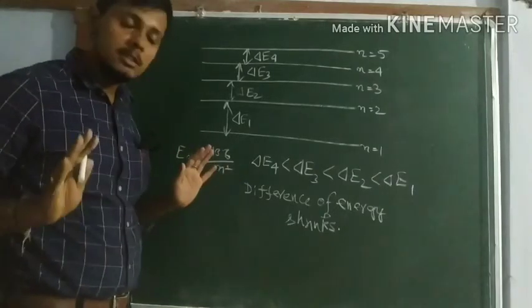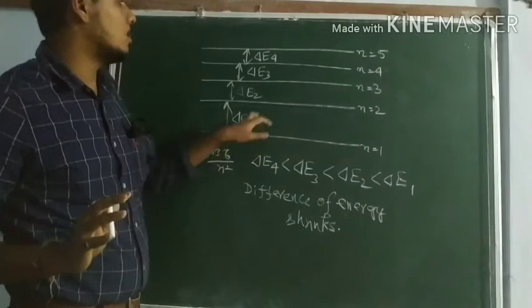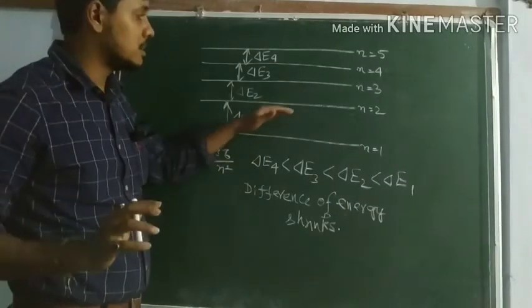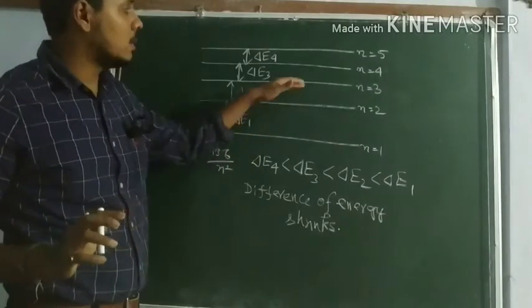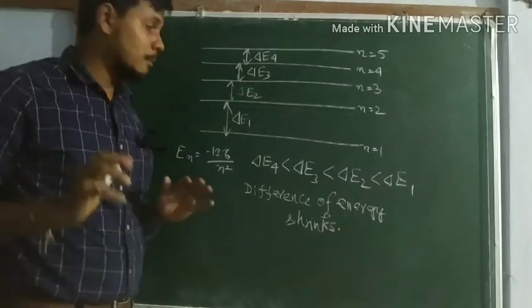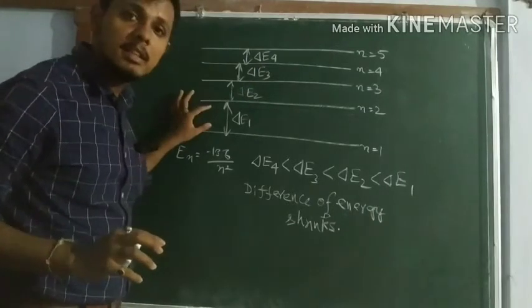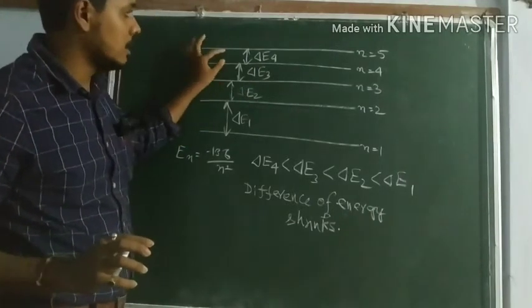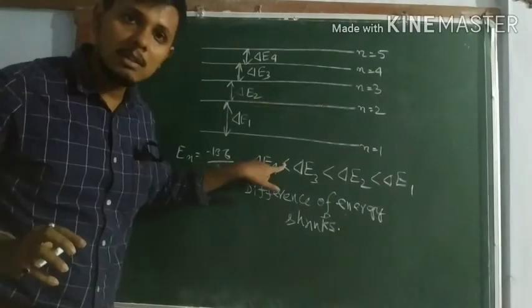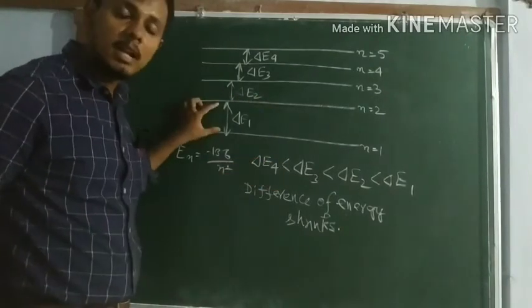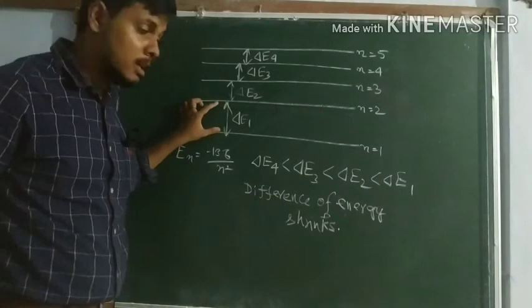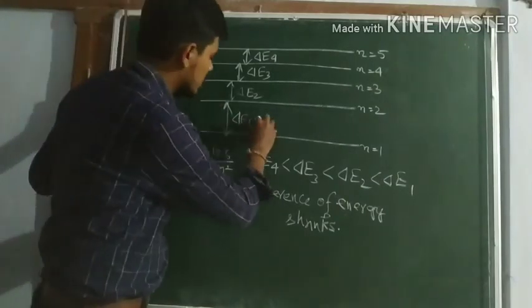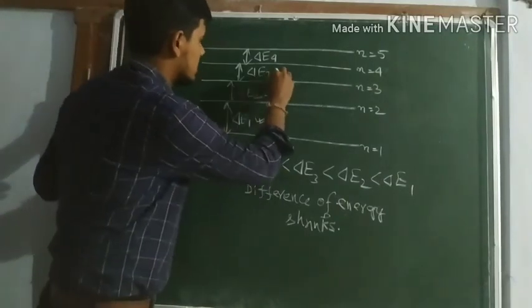So what we did is we calculated the energies of the first 5 levels. Then we calculated the energy difference between the levels: higher level minus lower level gives the energy difference between the levels.